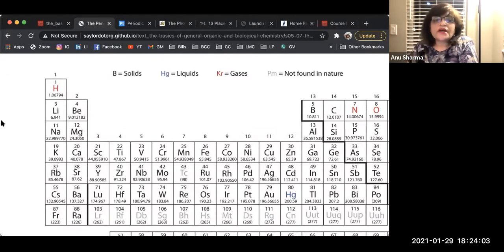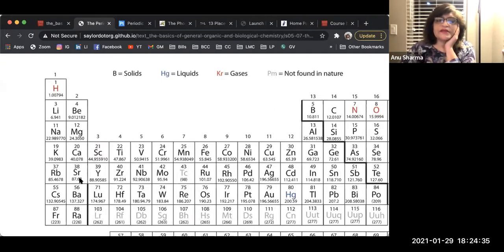So all the elements in group 1A have their last electron ending in an s orbital, and there's only going to be one electron, so it will be s1 in their valence shell. These are going to be s2. So this is 2s2, this is 3s2, 4s2, 5s2, 6s2, and 7s2.